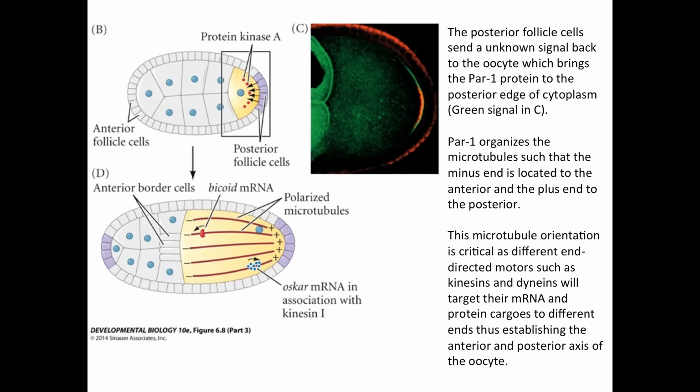So like Oskar mRNA or nanos mRNA will bind to kinesin, which is a plus-ended motor, and move here, whereas bicoid will bind to dyneins, which is a minus-ended motor, and will be transported to the anterior end. So this establishes asymmetric distribution of the mRNAs at the two ends. So this will set up the anterior and posterior part of the egg.